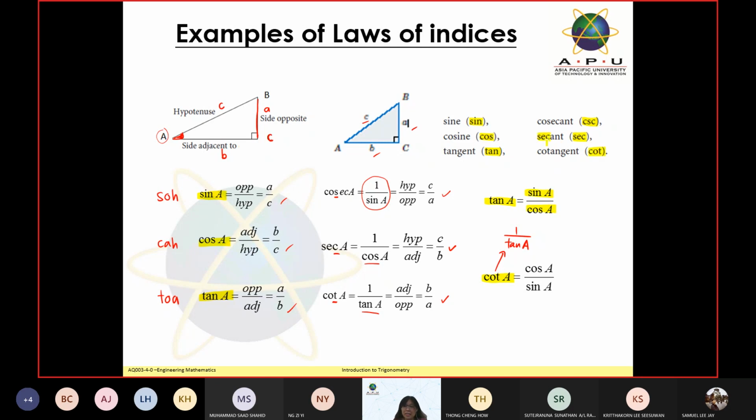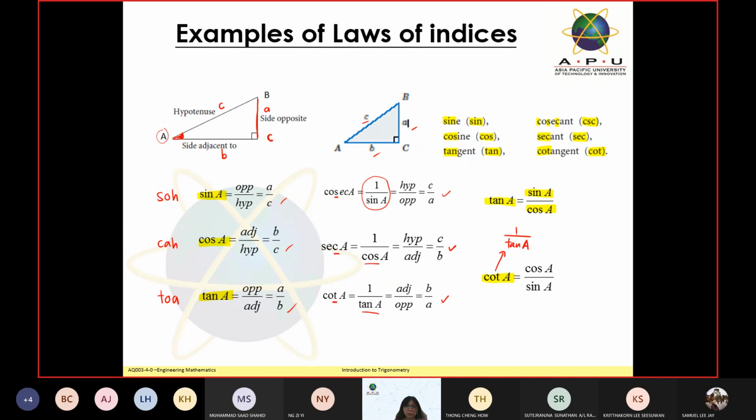For secant and cotangent, we take the first 3 letters. For sine, cosine, and tangent, we also take the first 3 letters, except the cosecant, where we use csc. So this is a recap. Is that okay so far?